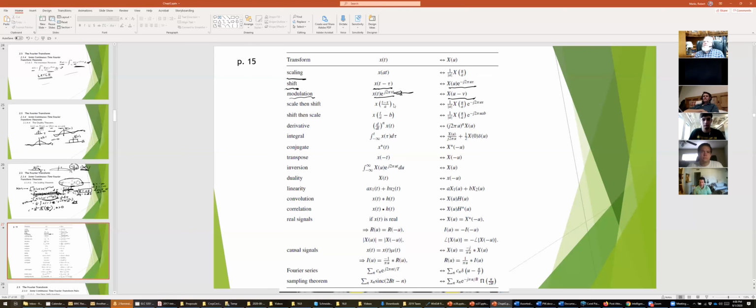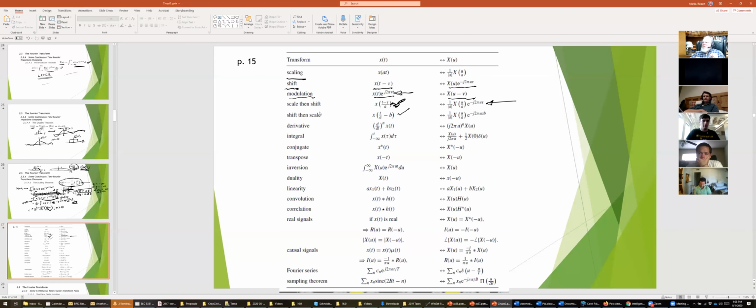Now, one of the things that we did is we had the scaling theorem and the shift theorem. I kind of like this because if we scale then shift, then this is one theorem that we can look at. Notice that this has both the Shift Theorem and the Scaling Theorem built into it at the same time. And it's very different from this theorem. This is the scale then shift. So you scale the thing, then you shift it. That's different.